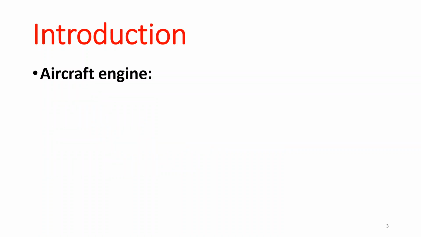So the first thing you need to know before jumping into this chapter is what is an aircraft engine, and what does it do? Why do we have an engine on an aircraft? To generate thrust, okay?